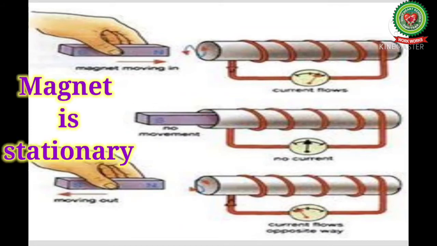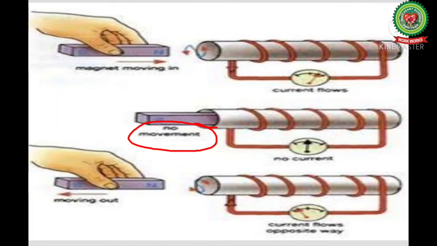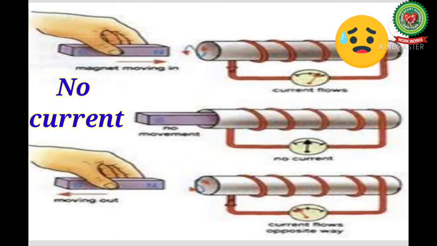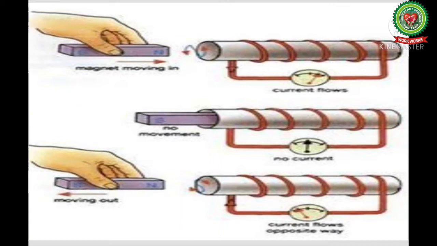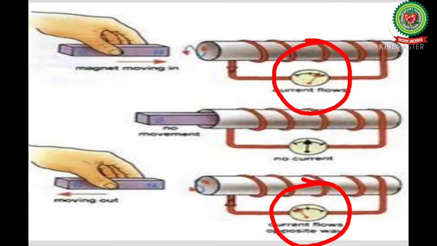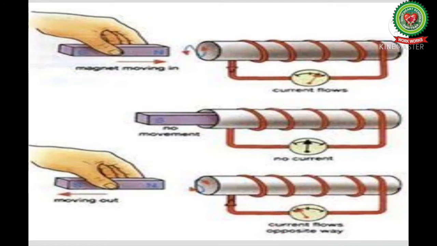That is, there is no movement of the magnet and no current flowing through the coil. In the third diagram, when the magnet is moving in the direction opposite to the first one, the current is flowing but in the opposite direction to what it was in the first picture.